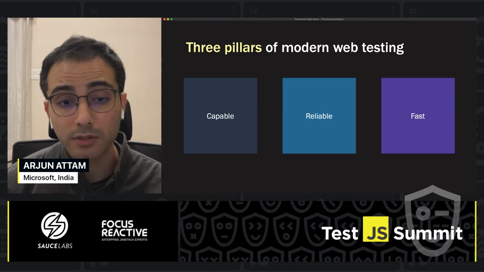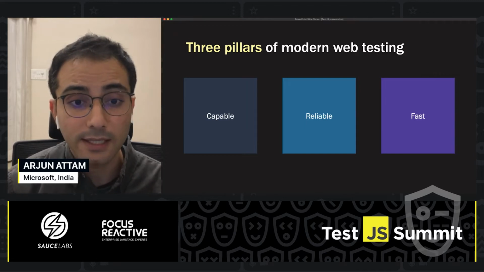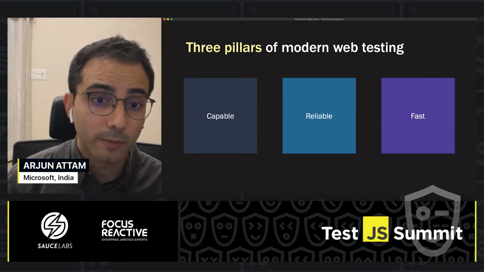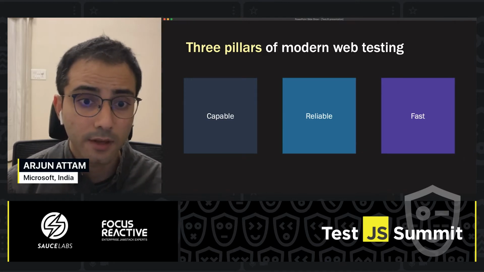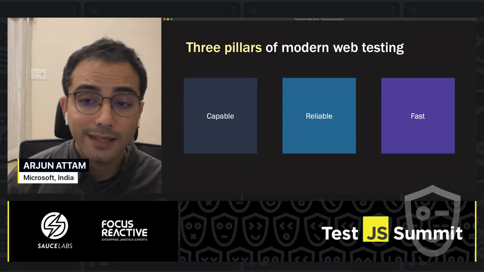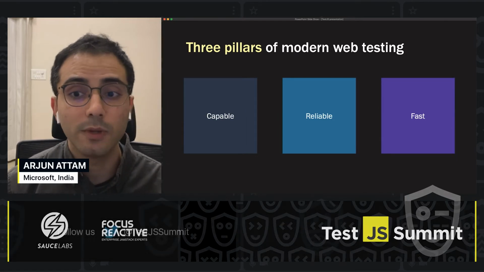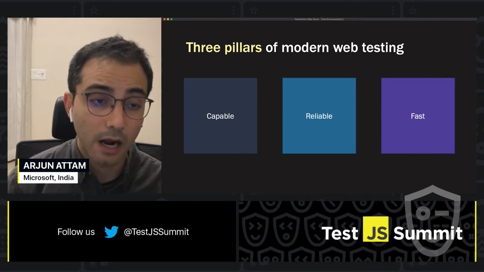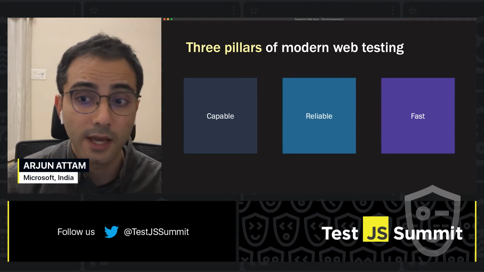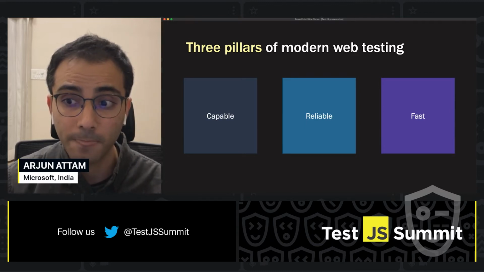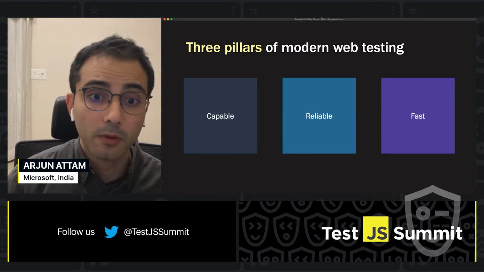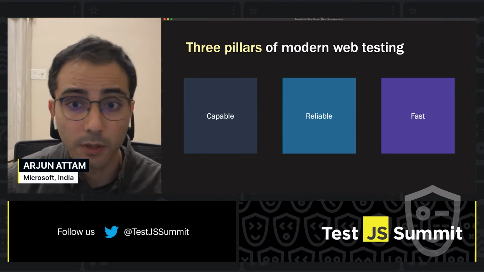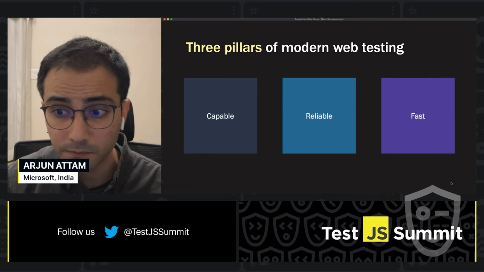Modern web testing also needs to be reliable, which means it needs to be able to reliably automate user interactions with highly rich and responsive web applications. And finally, modern web testing needs to be fast, which means it needs to be able to speed up our shipping and release processes instead of slowing them down. Any testing solution for the modern web needs to cover capable, reliable, and fast, the three pillars of modern web testing.